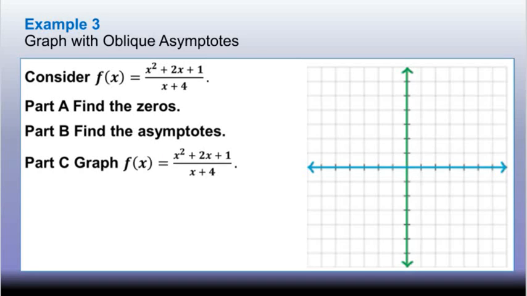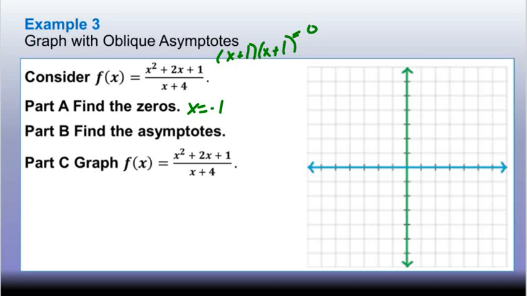That's a perfect square trinomial, which would be x plus 1 times x plus 1. If I make those equal to 0, I would get x equals a negative 1. So I have a zero at x equals negative 1, which is one point where it crosses the x-axis.